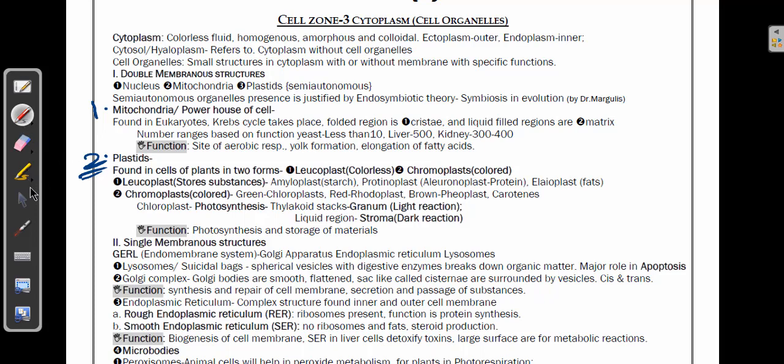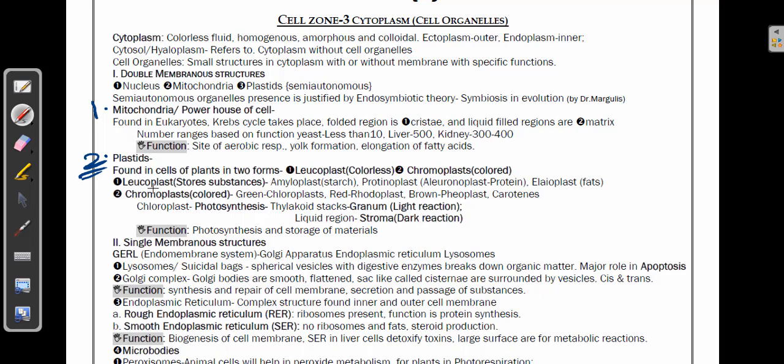You might have heard about the chloroplast for a long time. Chloroplast is nothing but a type of plastid. Based on the color they have, we have classified the plastids into two major groups. The first group is the leucoplasts, which are colorless, and then the chromoplasts, which are colored structures.